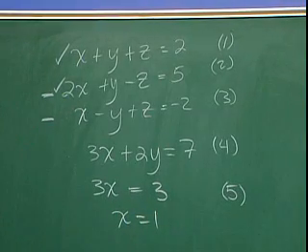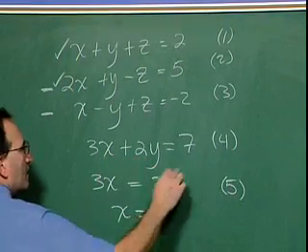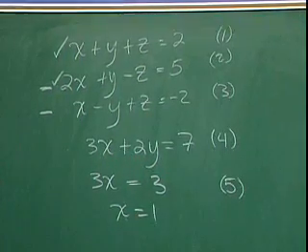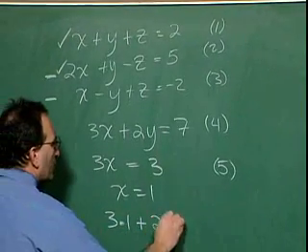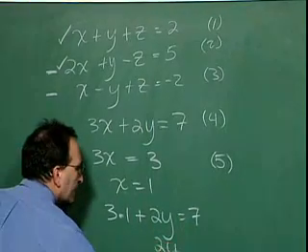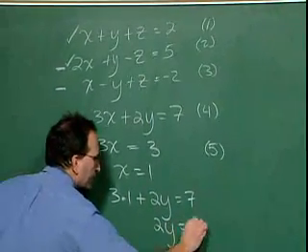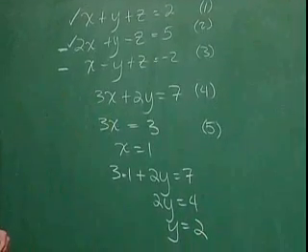And what I can do now is substitute that into equation number 4. That's going to give me 3 times 1 plus 2y equals 7. That's 2y is equal to 7 minus 3, which is 4, so y is equal to 2.